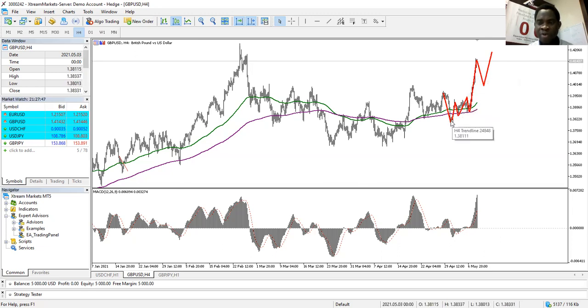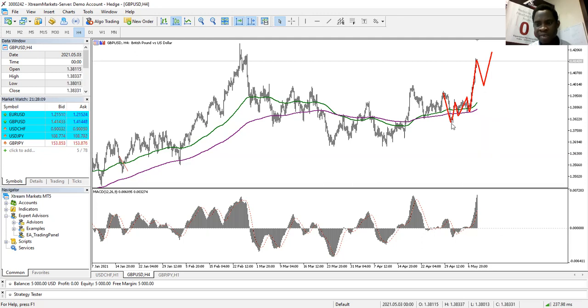Also, as you move up, you are having higher highs in terms of the way the price is swinging up. Then below, you have higher lows too. So let's assume the lows are L1, L2, L3, L4.